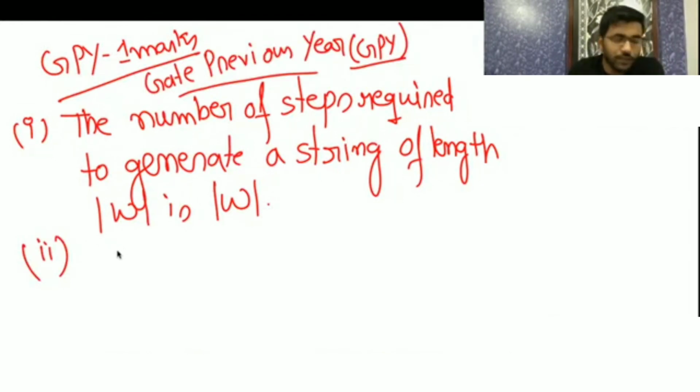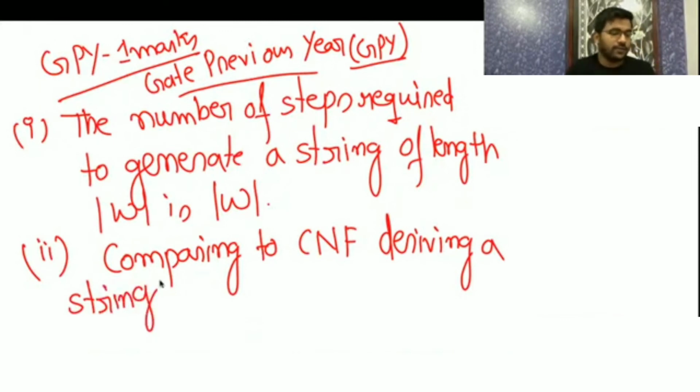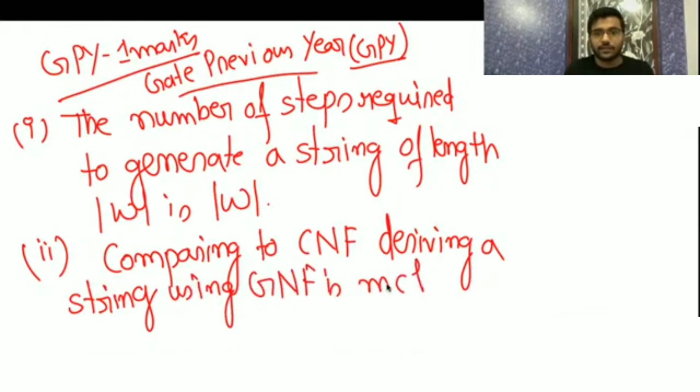So comparing to CNF, deriving a string using GNF is much faster than CNF. If you are done with the writing, then please let me know.